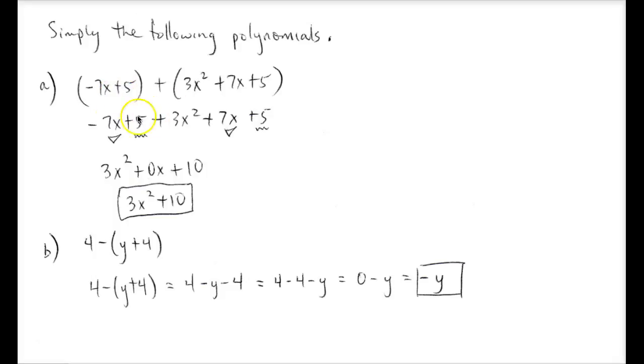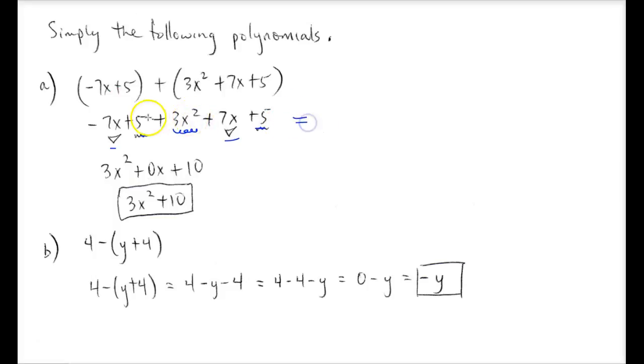So everything that has x's in it, as you see described here and here, will be combined together. Everything that has just numbers, as you see here and here, will be combined together. And of course, this is just the single term with x squared, so that won't have anything to combine with.